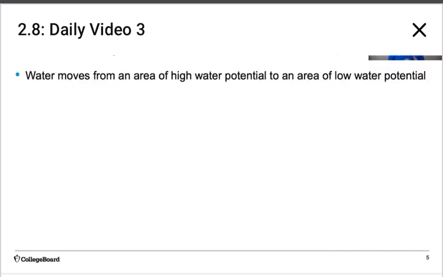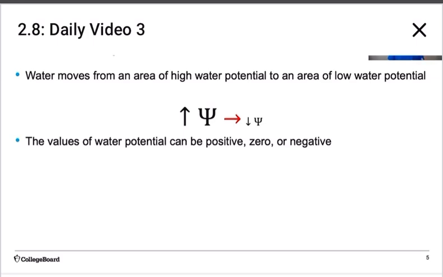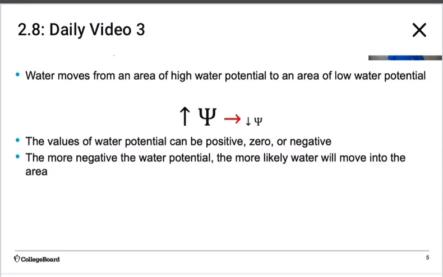So water moves from an area of high water potential to an area of low water potential. The values of water potential can be positive, 0, or even negative.